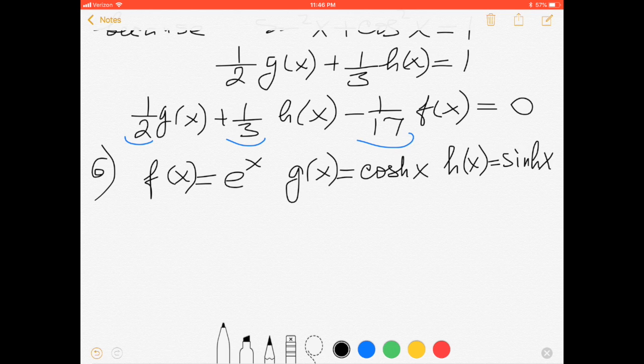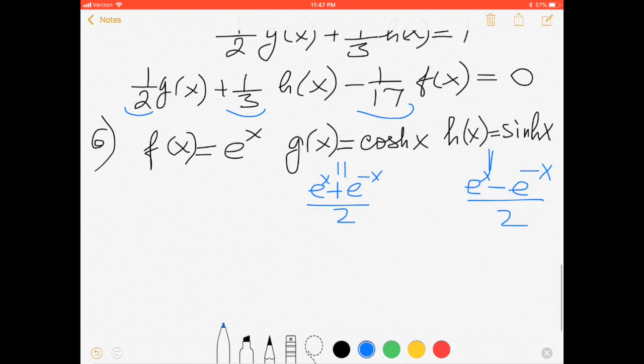I think you all remember what this means: here it is e to the x plus e to the minus x over 2, and this function is e to the x minus e to the minus x over 2.